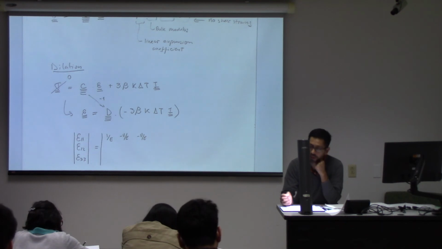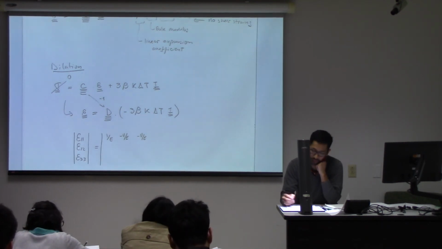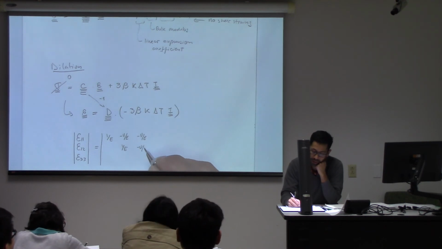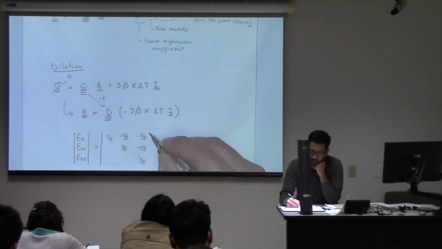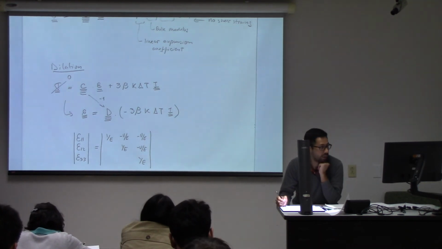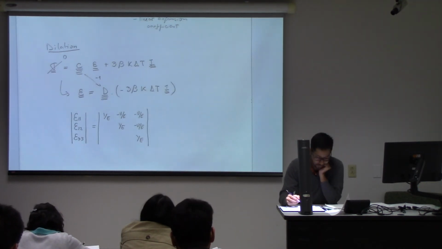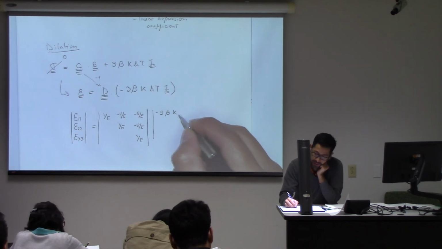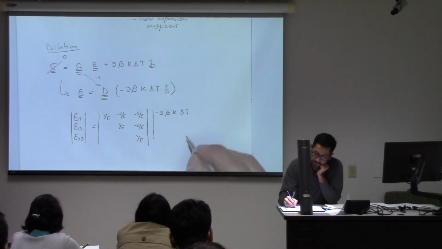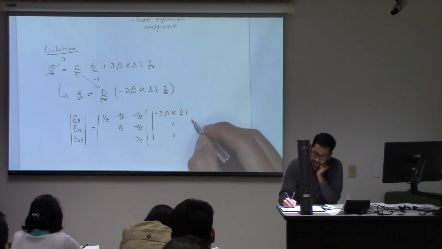You could invoke here anisotropy, but we're going to work with isotropy, so all these diagonal coefficients are the same, and these off-diagonal coefficients are the same too. And you multiply that times 3 beta K delta T, and this is all the same.